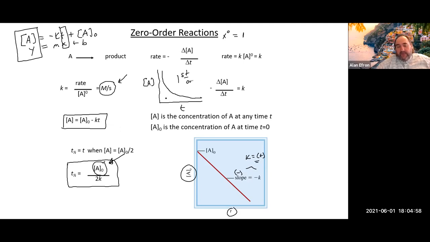So although they are the same two things that are graphed, this graph down here is for zero order, which gives us a linear relationship, versus when we do that graph there and we don't get that linear relationship, we get that sort of decreasing with time relationship. That is for first order. So those are the same graphs, but the resulting plot is different. One is a straight line and one is obviously not a straight line in this particular case.